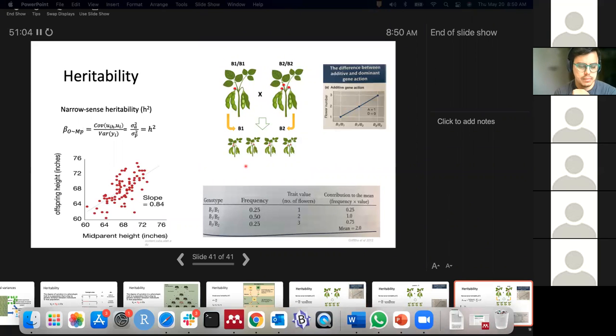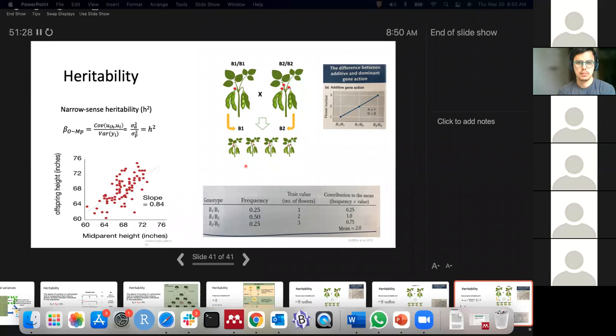Right. Yes, this one. We can see from this a graph where the offspring height is regressed against mid-parent height, right? And the slope is 0.84.